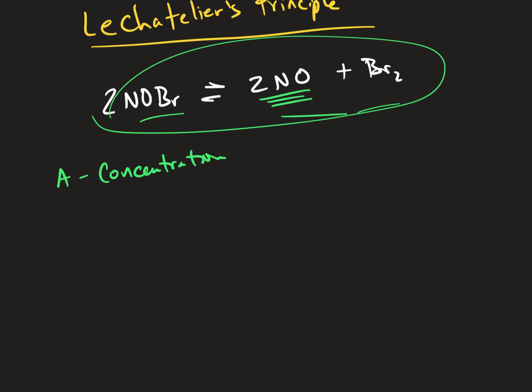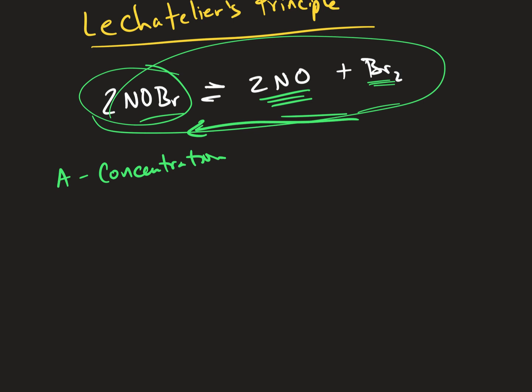So if we add into this container some more NO, what's it going to do? It's going to react with all of the Br2 that's there, right? And so which way is the reaction going to go? It's going to push it this way to make more of our reactants.